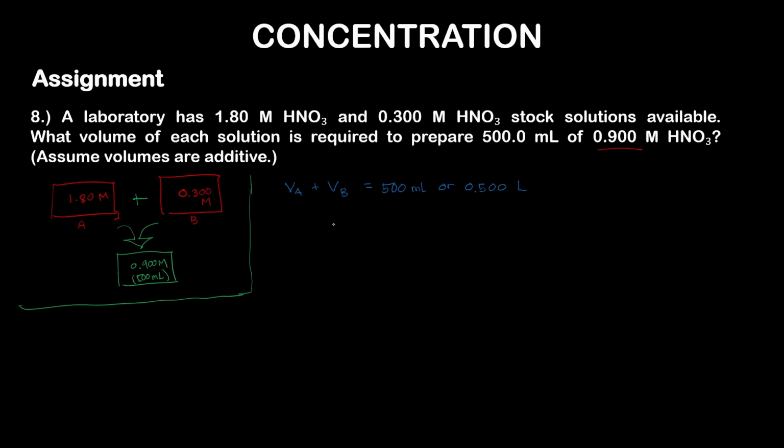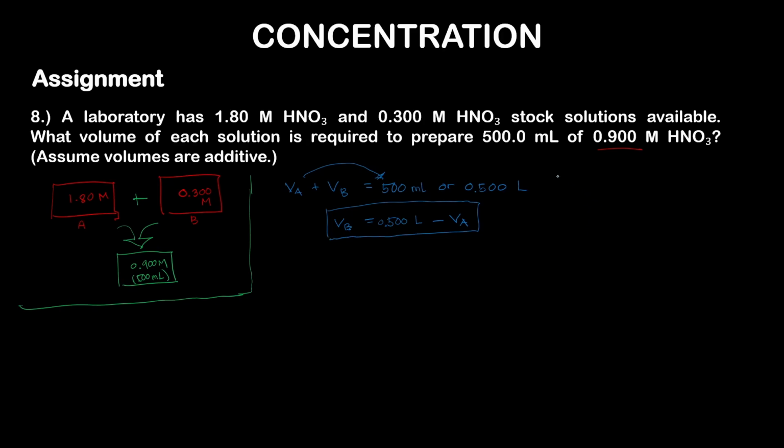From this, by transposing, VB is equal to 0.500 liters minus VA. So now we have the volume of VB.